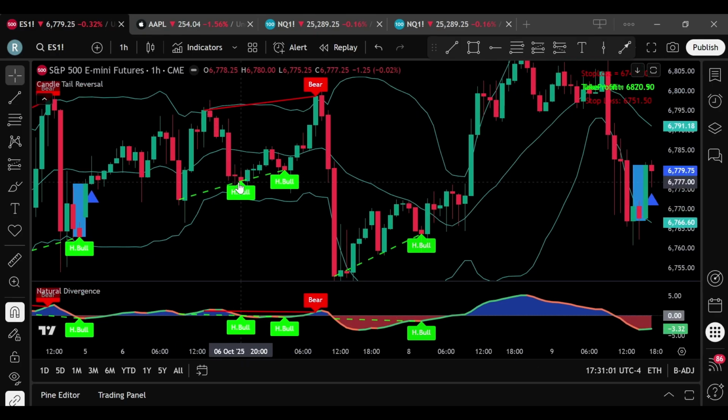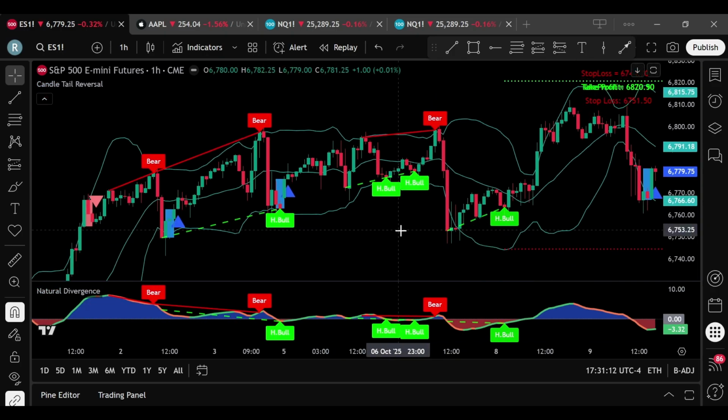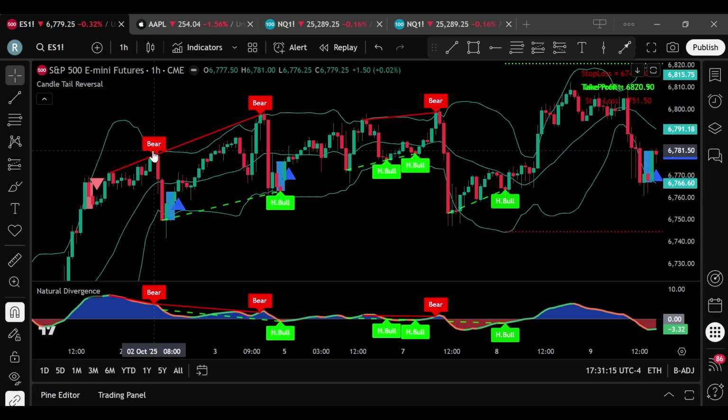And then we see it dip down again with bullish divergences picked up again from the natural divergence, and another up move. Even here, though we don't get the candle tail reversal giving us a sell signal, just using the Bollinger Band part of the candle tail reversal and pairing the premium and discount ranges with the divergences from the natural divergence, even some great sell moves or down moves are forming here.